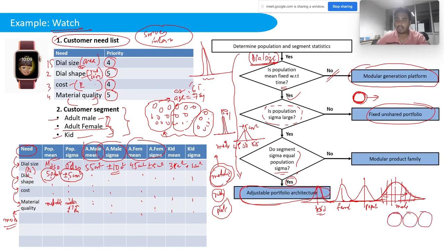There should be some sort of customizable design, whether customizable at the point of manufacturing or something like adaptive design, for the male population. For female and kid, the sigma is not different from the population, so you can go for a modular product family. That means you consider one particular design for female, one for male, having some other modular components. Clear?